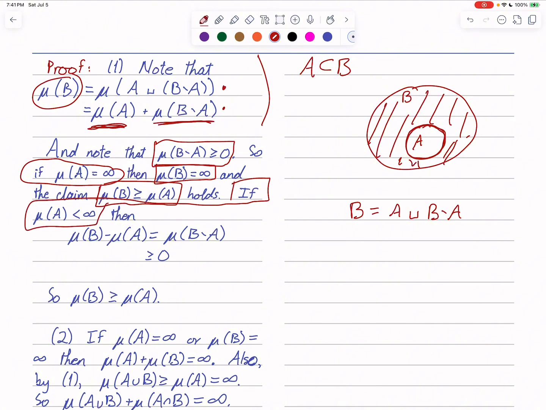So next, let's consider the possibility that A is finite. If A has finite measure, then we can take this term and subtract it to the other side. Now, why is that valid? Let's summarize: say that's X, that's Y, that's Z. We're talking about X equal to Y plus Z, and we know here that Y is a finite value.